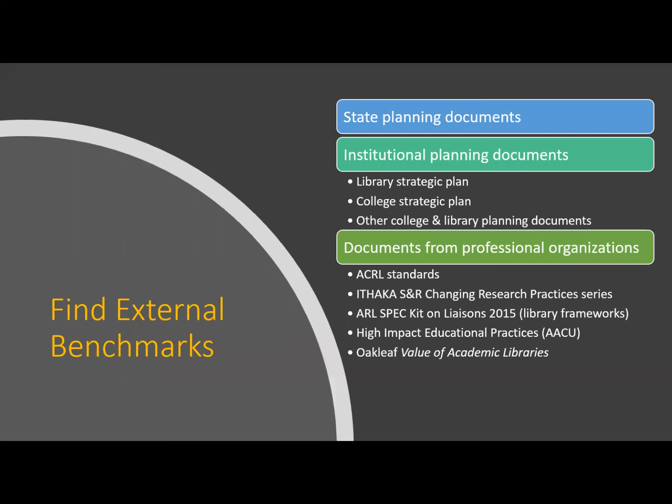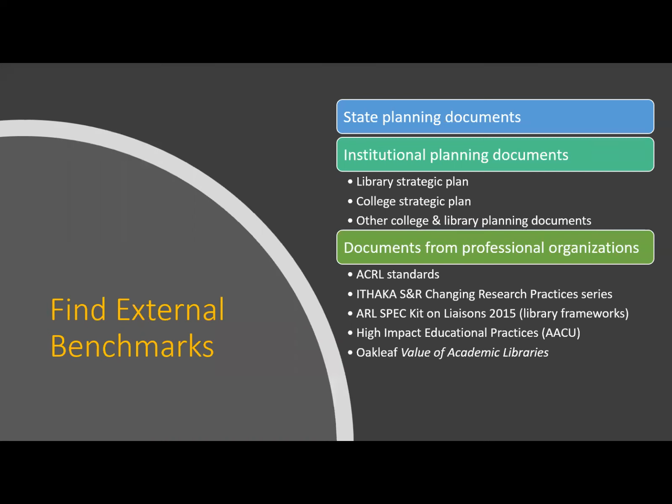So now, moving on in the process, I really like to start by looking for external benchmarks. So I have an idea of my goals and objectives. They seem manageable to me. What can I learn at the highest level of my institution or state about what's important and what's going to be important in the next few years?